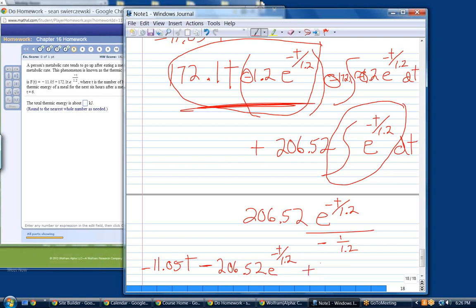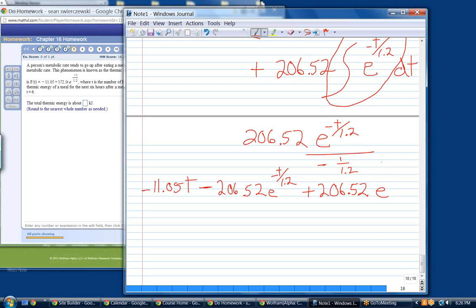And then plus 206.52 times, are you kidding me? e to the minus t over 1.2 divided by minus 1 over 1.2, which is the same as multiplying it by minus 1.2. So that's a negative 1.2 times that. So there's our expression that we have to evaluate from 0 to 6.